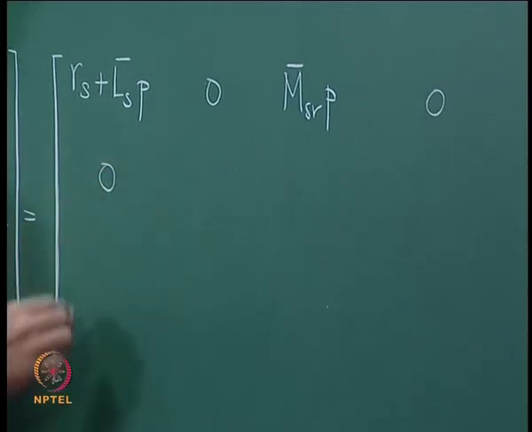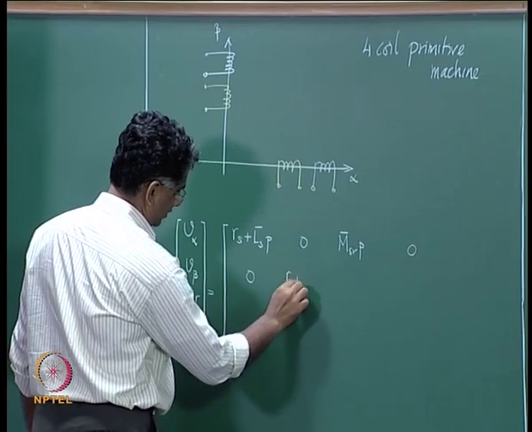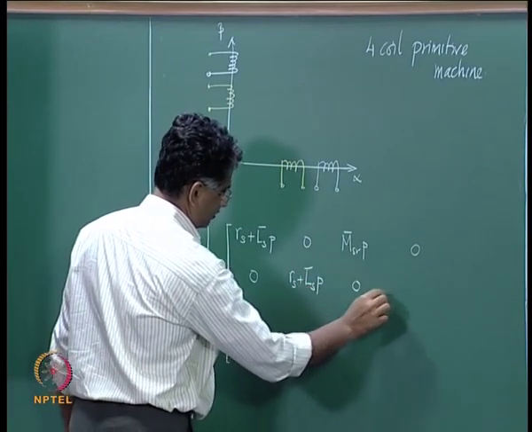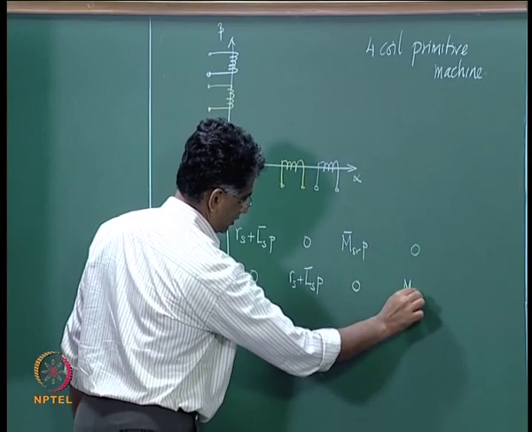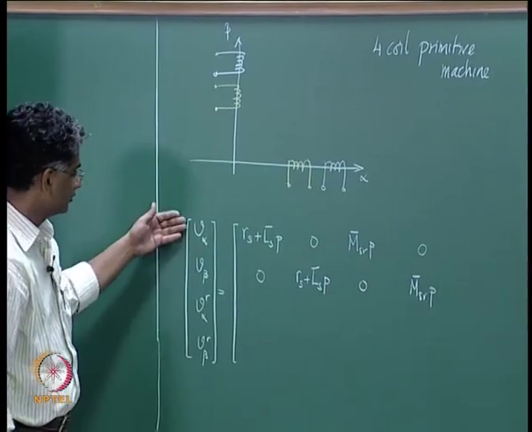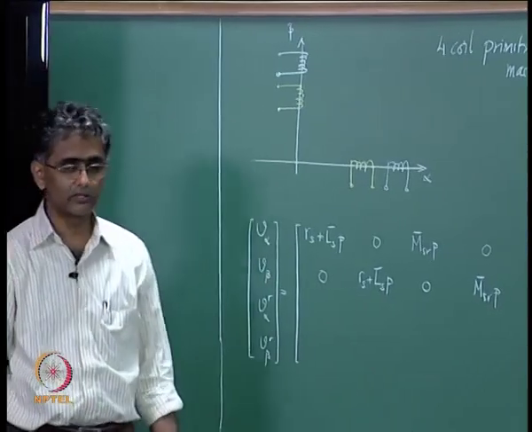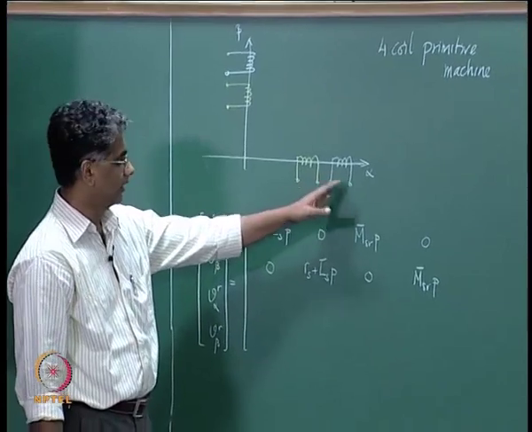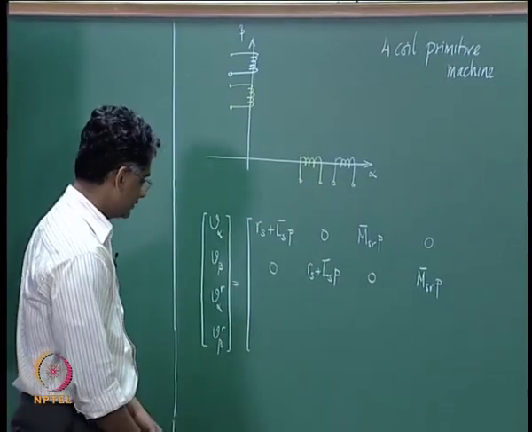So, here again 0, you have Rs plus Ls bar into P, 0, and then MSR bar into P. So, these two rows are expressions for coils that are real and fixed in space.